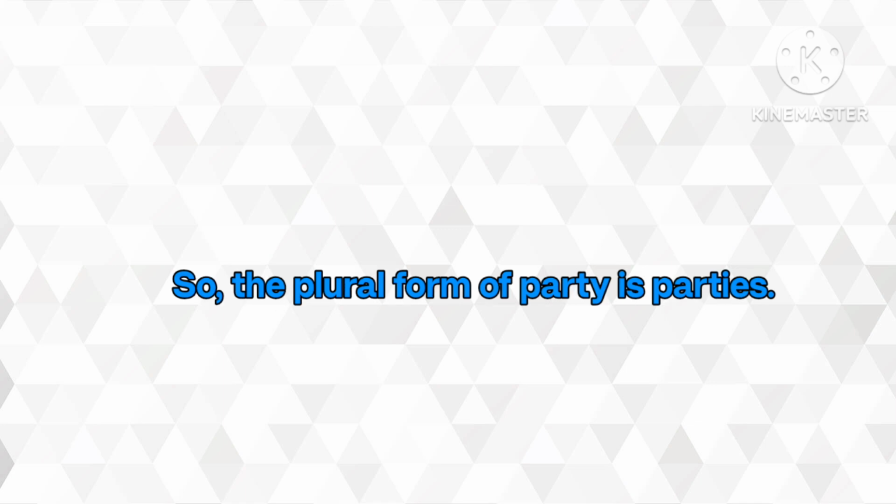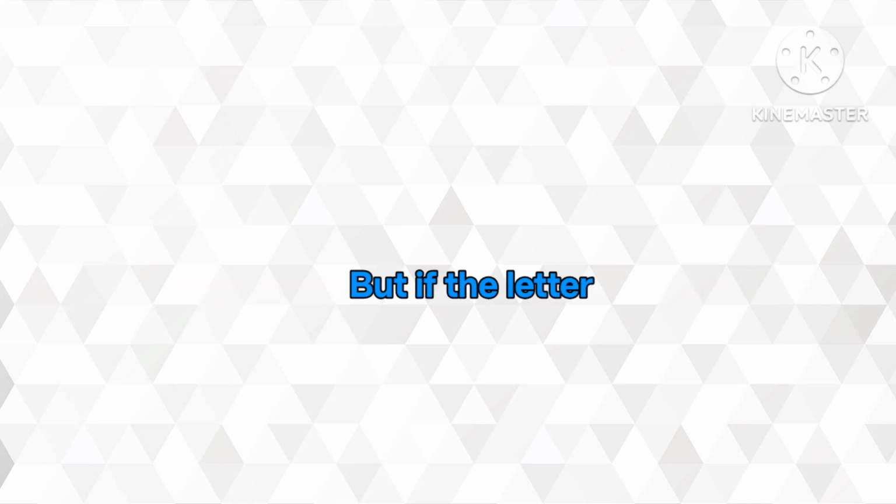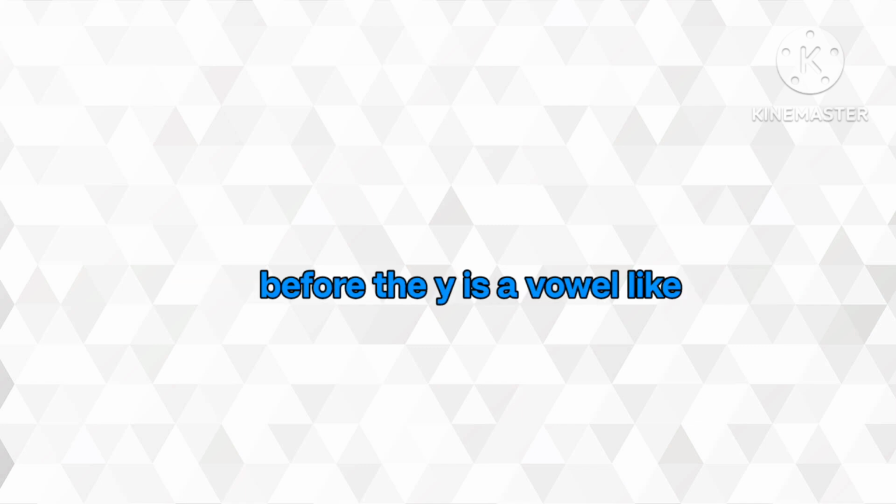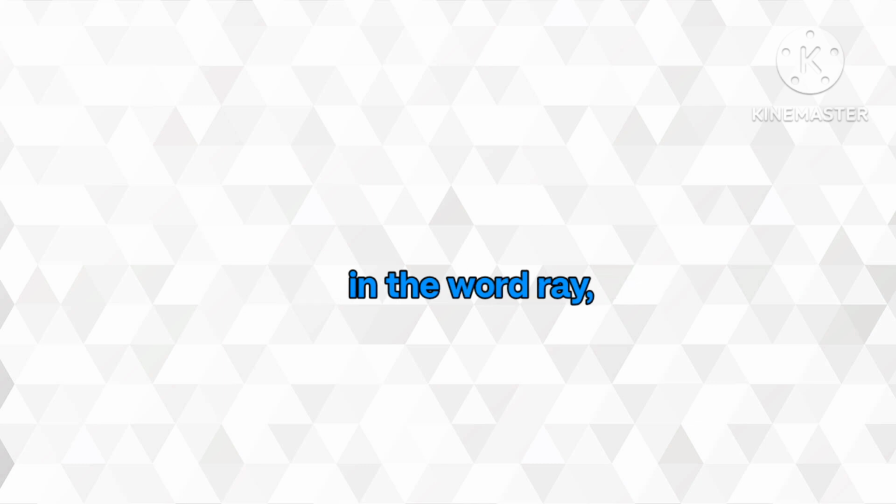So the plural form of party is parties. But if the letter before the y is a vowel, like in the word ray, we simply add an s. So ray becomes rays.